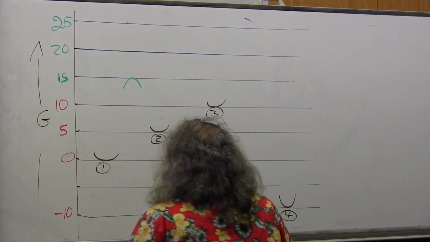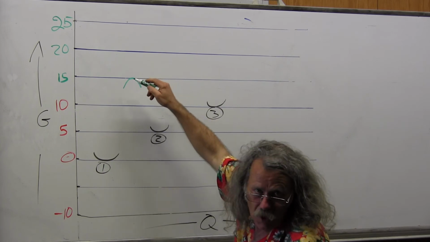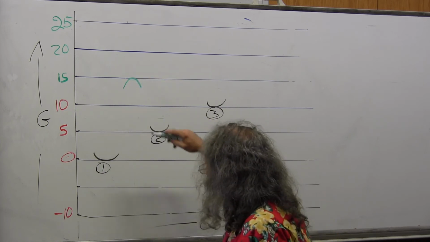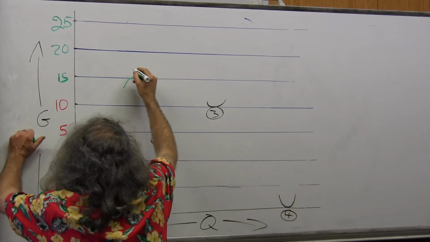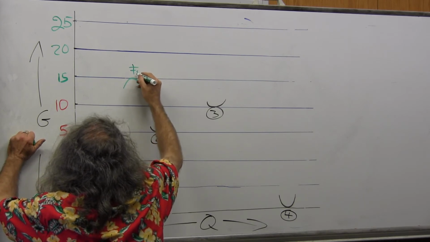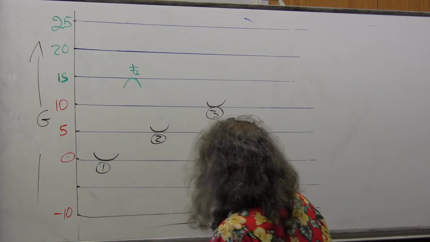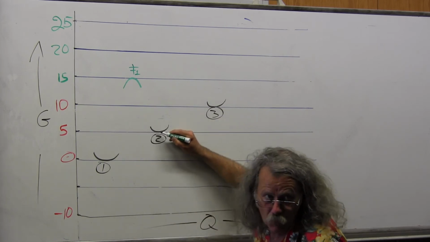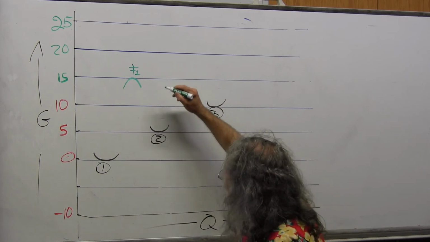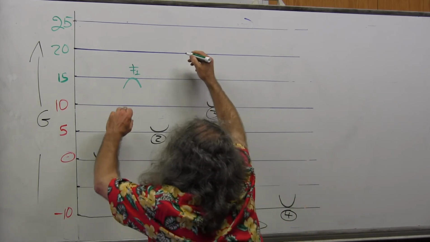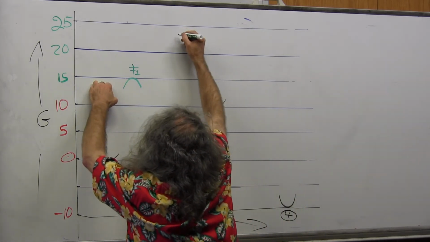Okay? So this one's the top, it's the col of the point. This is going to be my first transition state. My next transition state is at 20 kilojoules above this point. So I go 5, 10, 15, 20, it's got to be way up here.